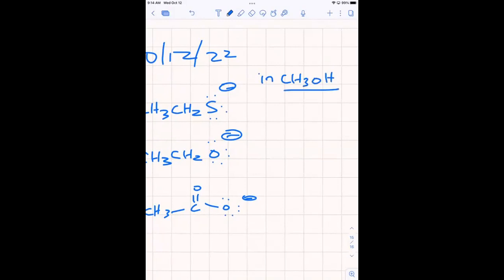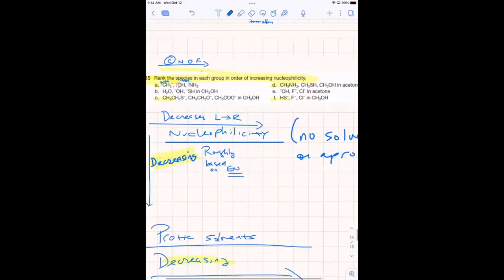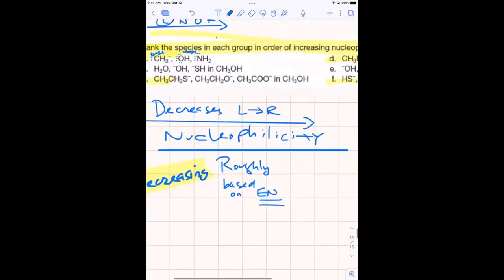So the alcohol itself, is that protic or aprotic? The alcohol, the solvent. Because when it says up here CH3OH, this is the solvent. And knowing what the solvent is helps us to answer the question, which one is a better nucleophile, right?